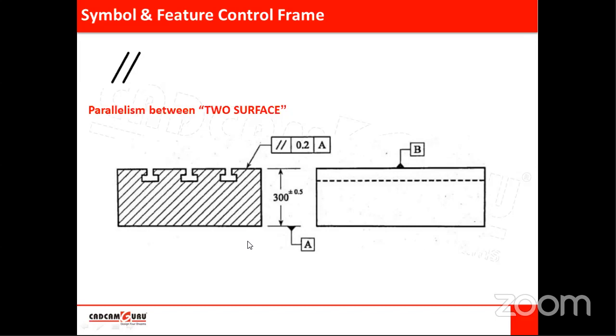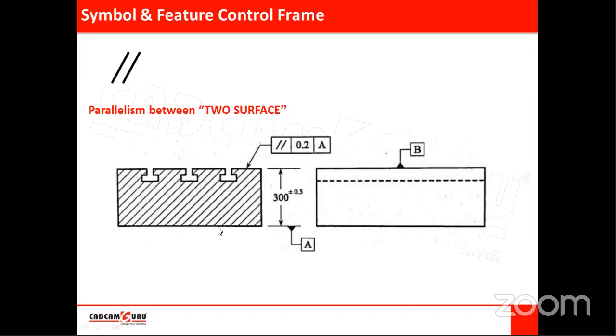You can consider any surface as a datum surface or any surface as a feature under consideration, but that depends on functionality, manufacturing capabilities, and the inspection process, meaning what is convenient for the manufacturing engineer and the inspection engineer.